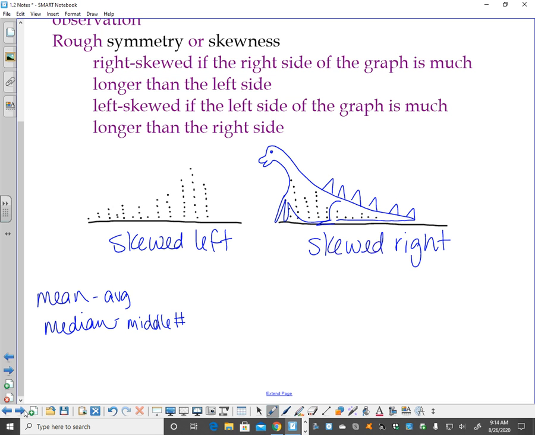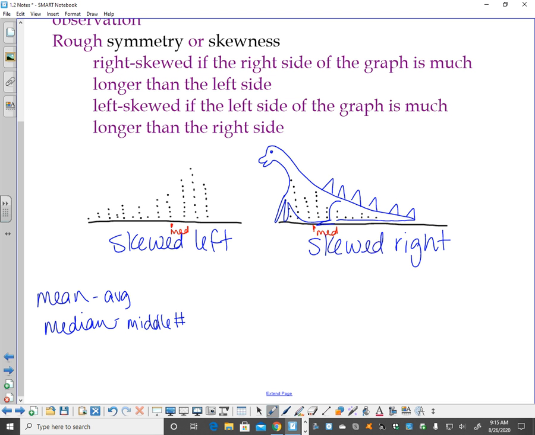Like if you had a tray and all this data was on it, where could you balance it? So in looking at the skewed left, I think I could balance it right about there. It's not going to be in the middle because I'm right side heavy. And for this one with a beautiful dinosaur on it, I think it would be about there. So that would be my median.